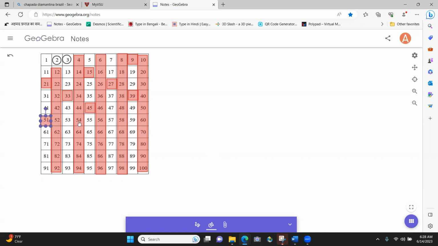Then 54 is crossed out. 57 is divisible by 3. I'm going to cross that out. You're crossing out every third number.